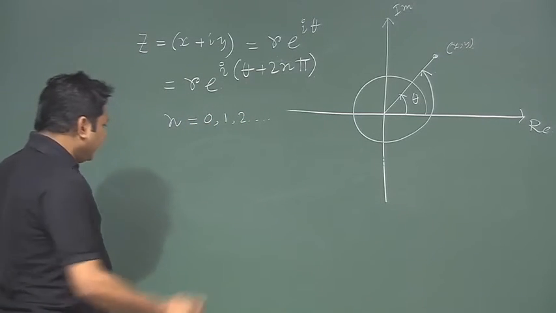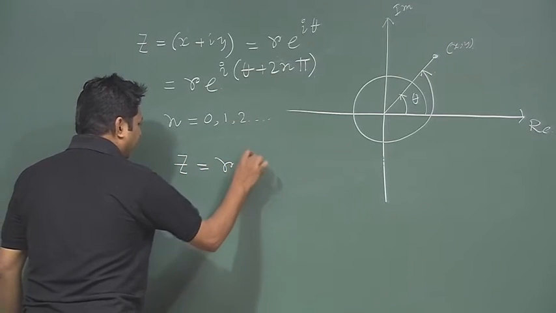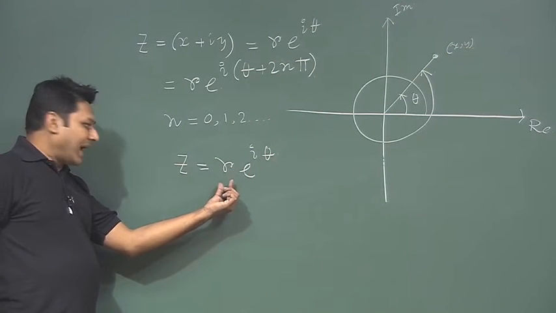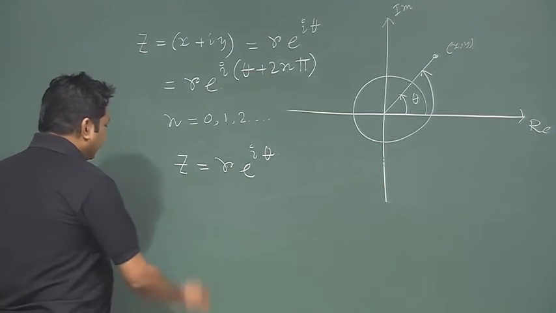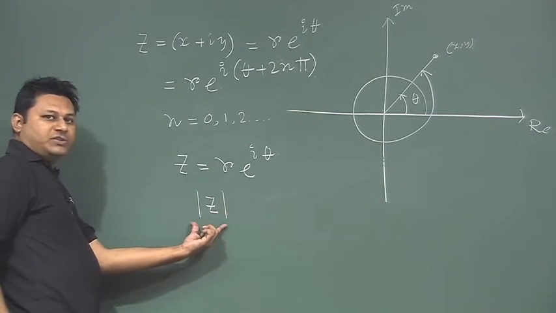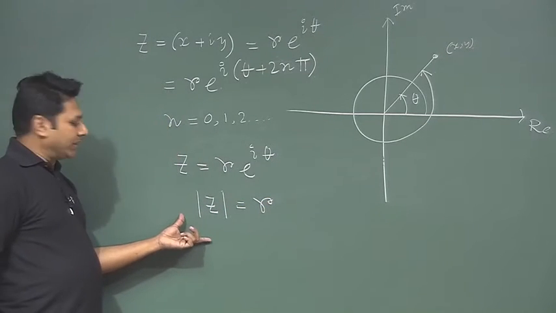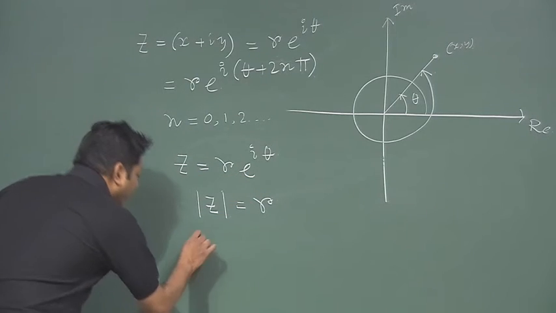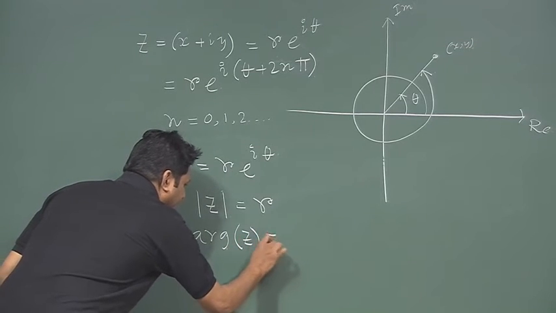When I was representing a number z equal to r e to the power i theta, and tried to write r and theta in terms of z, we wrote mod of z is equal to r, as I saw just a few minutes ago. Not only that, we wrote argument of z is theta.